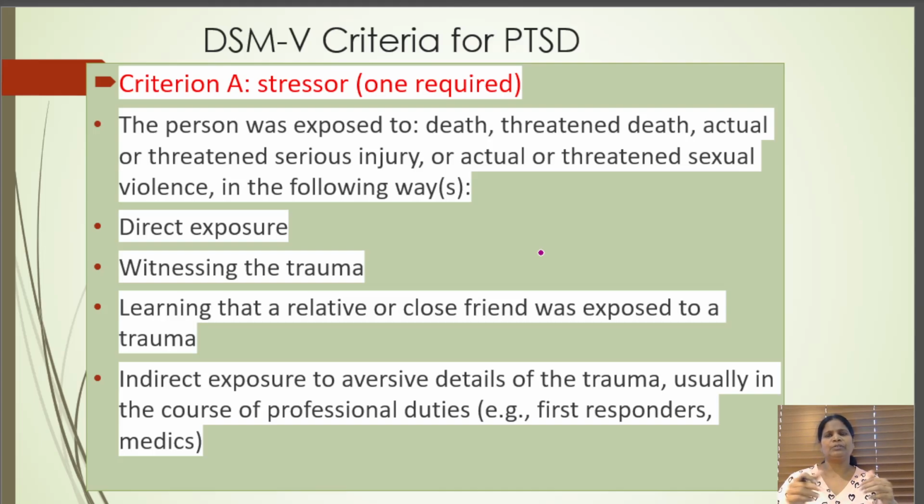It's related to us medical persons, we come across sexual assaults or victims who have been sexually assaulted, raped. So when we hear their stories, that can indirectly cause a trauma in us. So among these, at least one should be present.